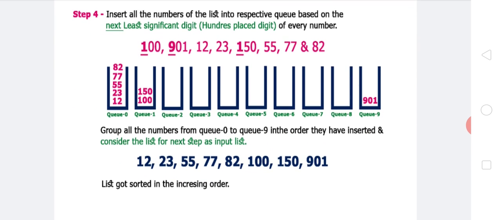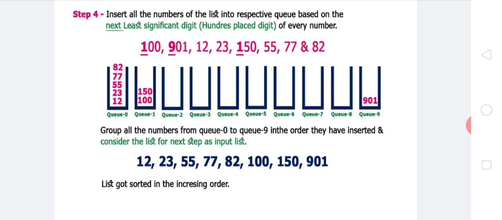First, in step number 4, we mark the hundreds place digit. As you know, the hundreds place digit of 100 is 1. In 901, the hundreds place digit is 9. The next number is 12.